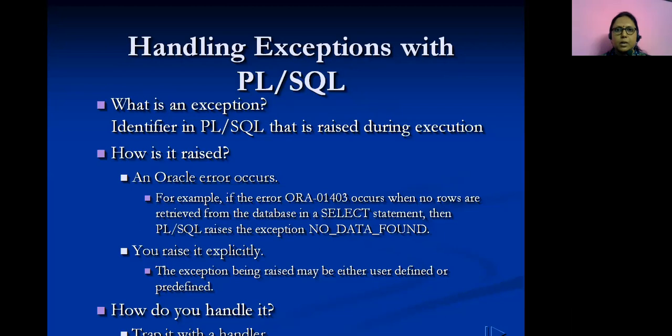That's why this error occurs. The error occurred not due to syntax, but because the condition became false, and for that the records are not there. Oracle raises an error there. This error is referred to as the exception.